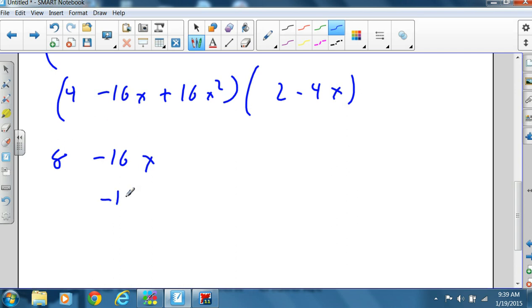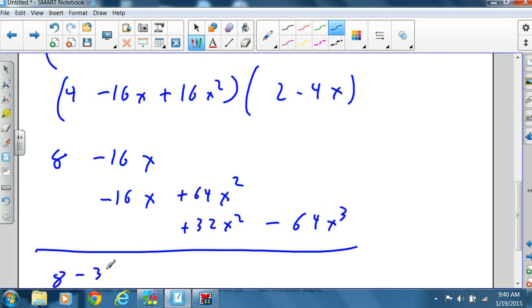I got another minus 16x, and then I've got, right, there's no fourth term. You're right. Where are we? Plus 64x squared. Then we have a plus 32x squared minus 64x cubed. There, that better? 8 minus 32x plus 96x squared minus 64x cubed. All right, better?